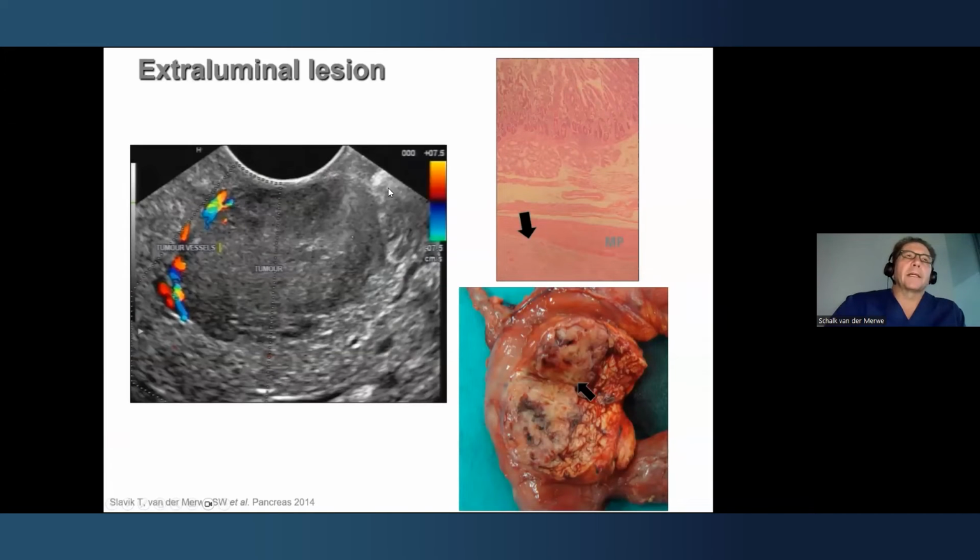In this case, I actually want to highlight three important issues. The first is that when you start training, you should be able to very quickly recognize this hypoechoic structure. This is now the linear EUS scope placed in the duodenal bulb. We're looking at the pancreas, and it's fairly easy to recognize that there is a hypoechoic structure within the more hyperechoic background of the pancreas with some tumoral vessels.